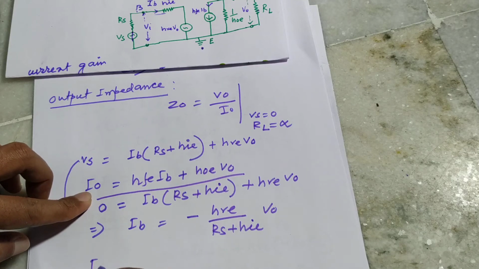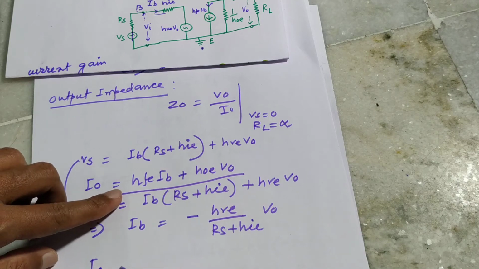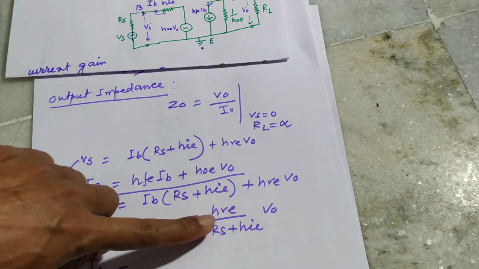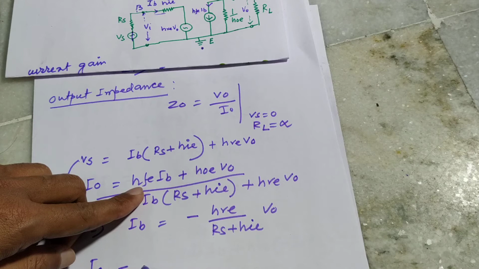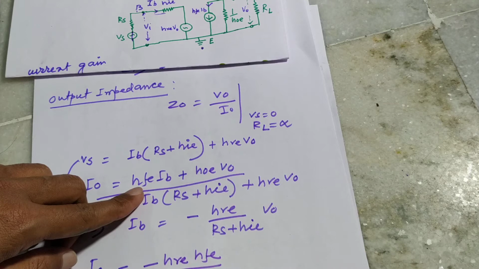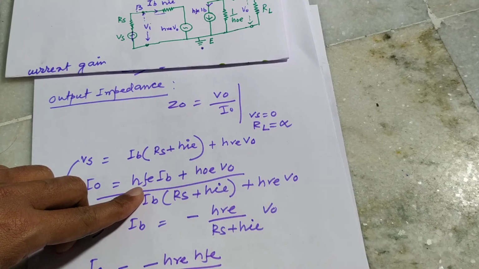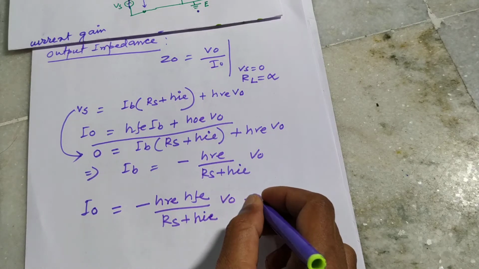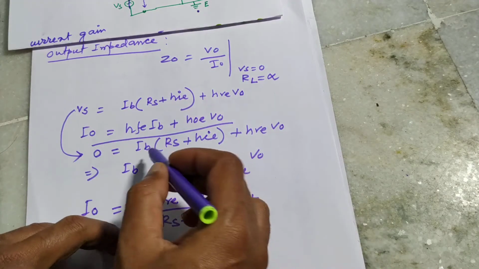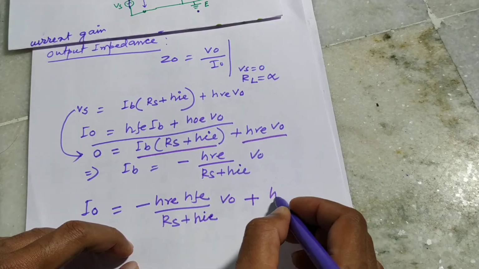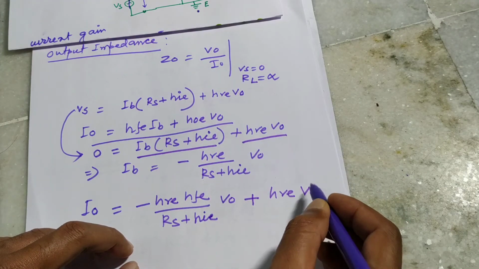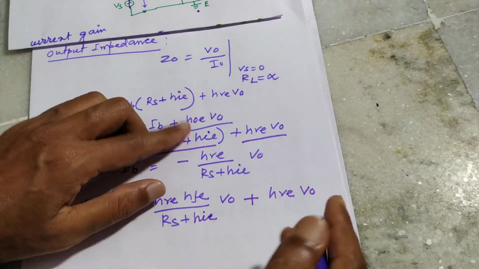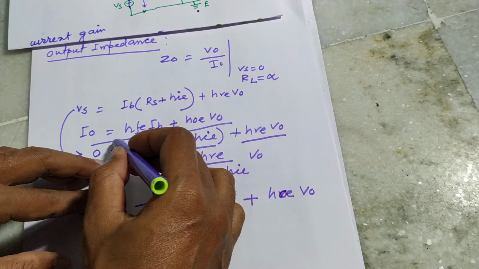Then I will get, substituting the value, minus HRE HFE by RS plus HI into V0, plus HOE into V0 from this term.